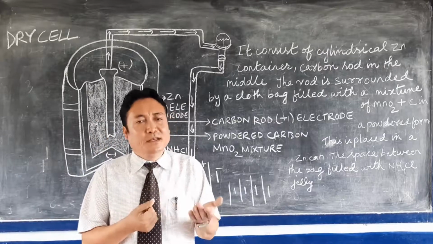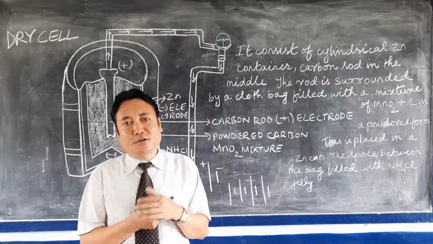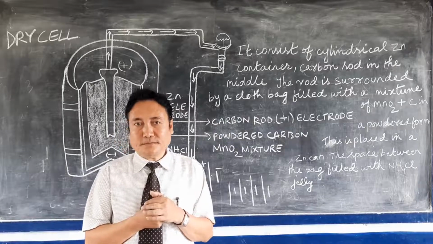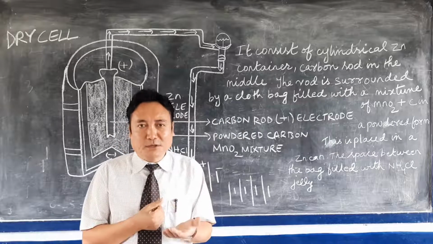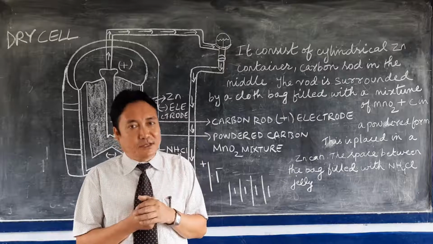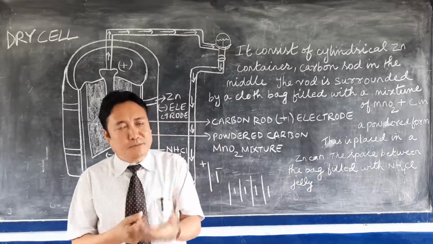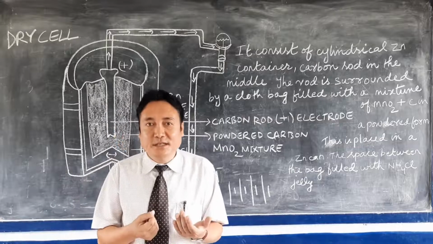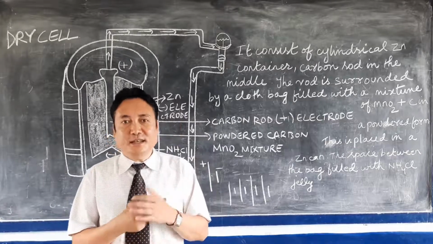Some of the batteries which we use in a torchlight, a remote control, or toys can also be recharged. But those batteries or cells which can be recharged are known as secondary cells.